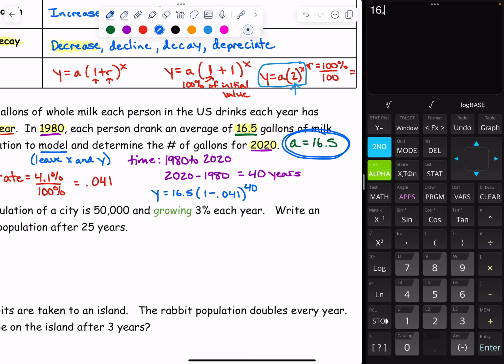So 16.5 times (1 minus 0.041) to the power of 40. And we get y equals, or the amount of gallons would be 3.091. And then you can always round that off if needed. Like, it looks like it's definitely approximately 3 gallons, for example. Okay, so that's it for that one.